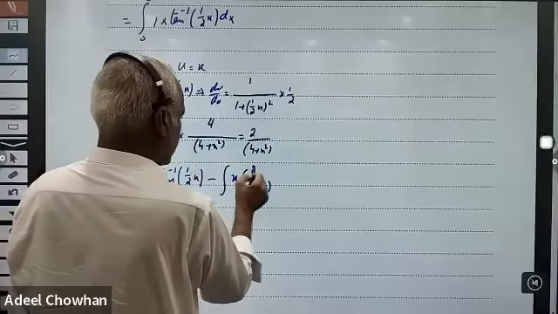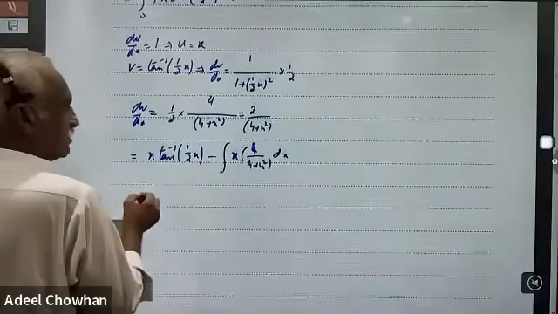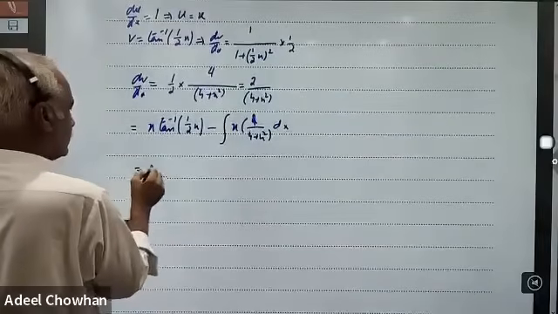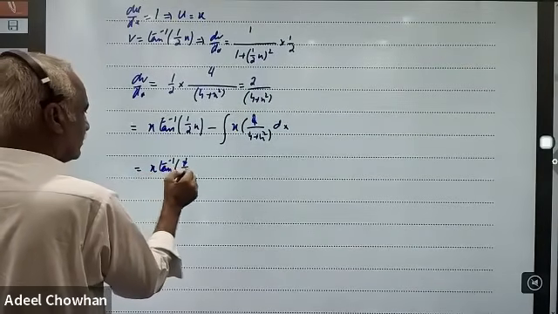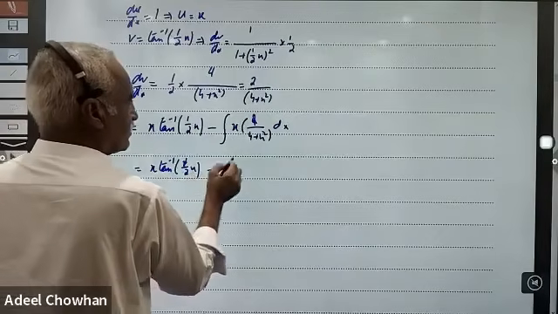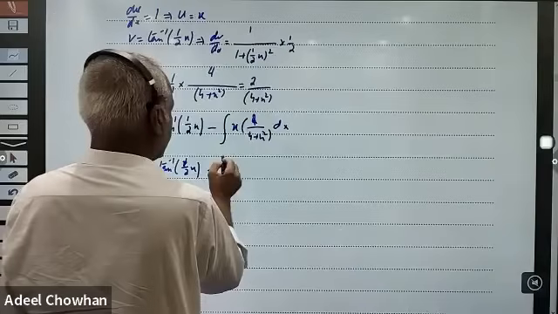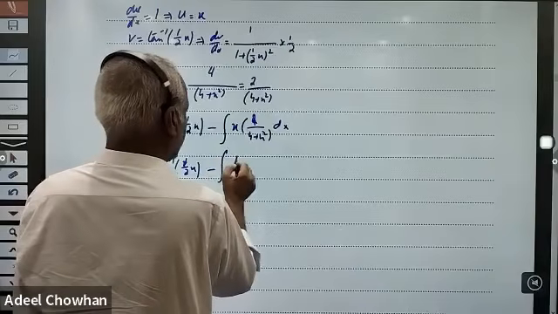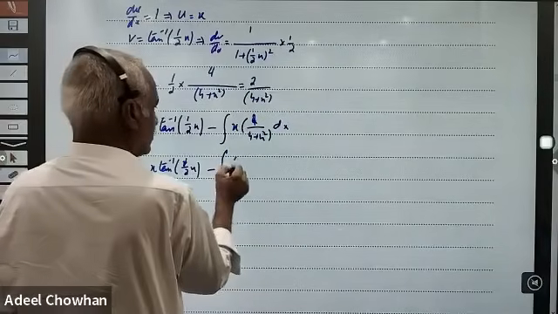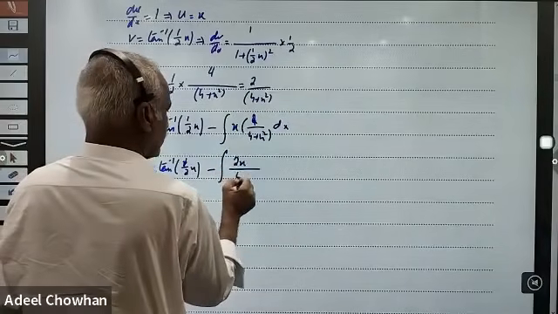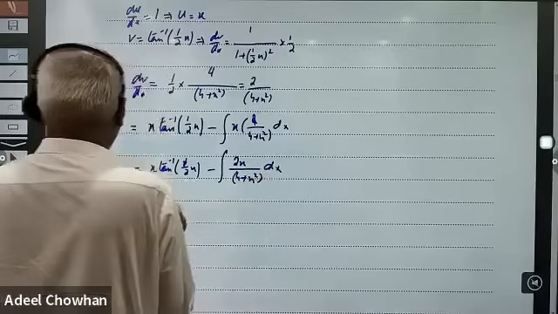So it is 2 over x square d of x. So this will become equal to x tangent inverse of half x. So minus, sorry, 2x over 4 plus x square d of x.